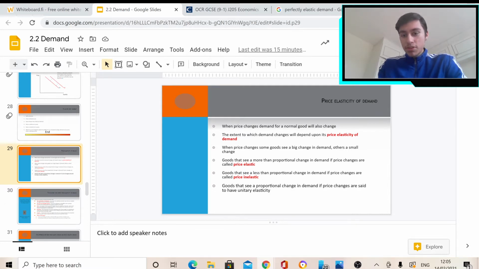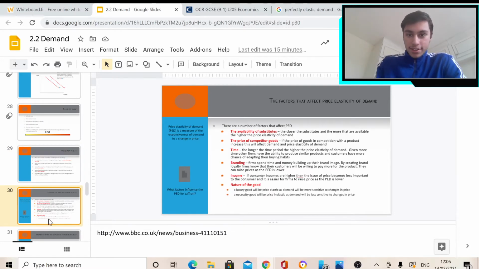Goods that see a proportional change in demand when price changes are said to have unitary elasticity. So if the percentage change in price is met by the same percentage change in demand, it's unitary elastic. It will be better explained through the diagram, so don't worry.